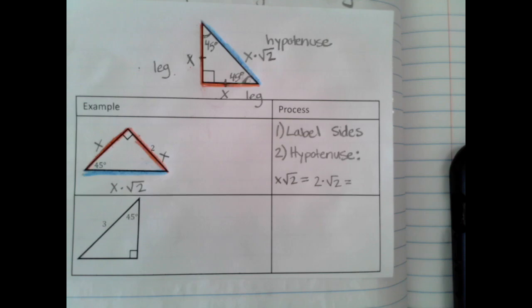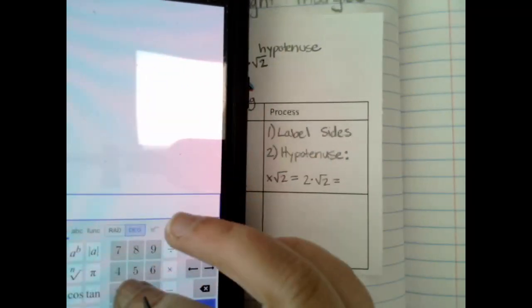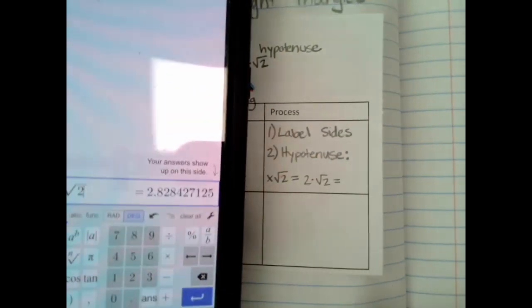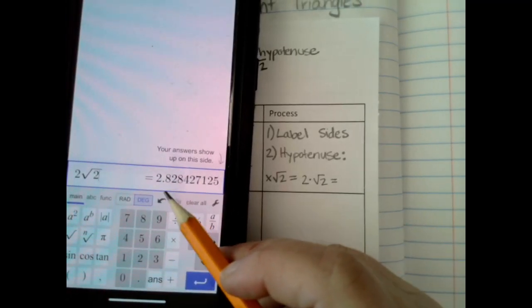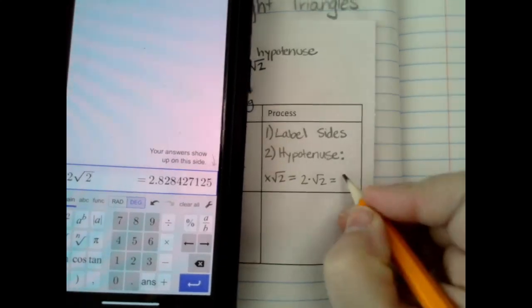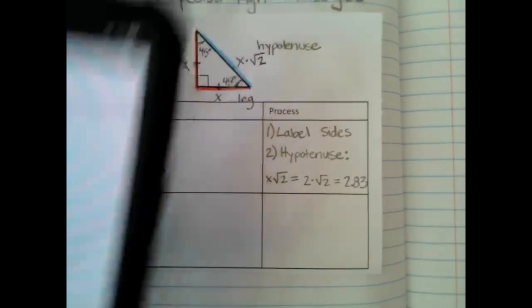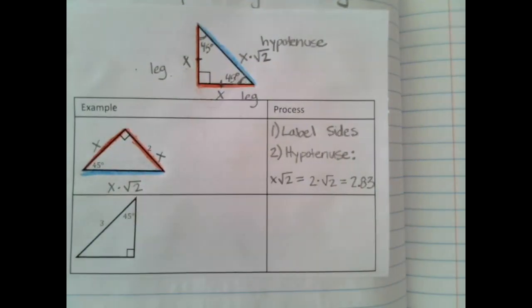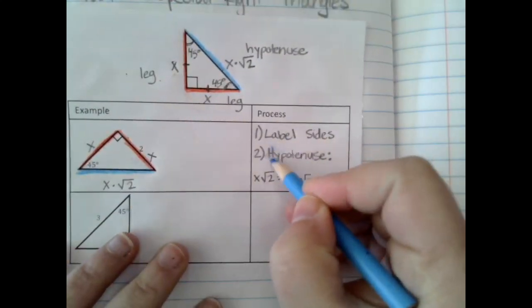Okay, and we will have to round because square root of 2 is that irrational number. So 2 square root of 2. 2.82 hundredths or 2 and 83 hundredths? Good, 83. And that's our hypotenuse, if you want to color code that.